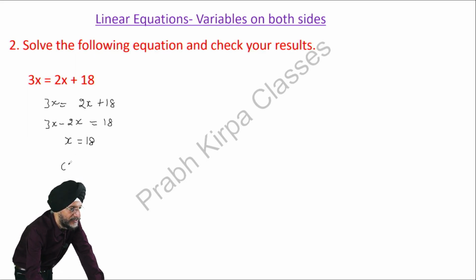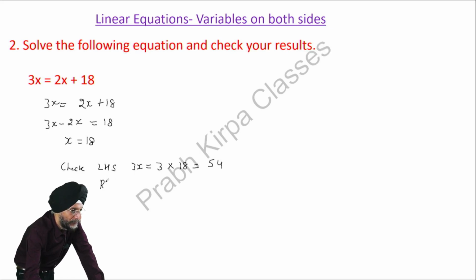Then check your results. Check left hand side, LHS. What is the left hand side? It is 3x. So let us fill the value of x. 3 into 18, it becomes 54.